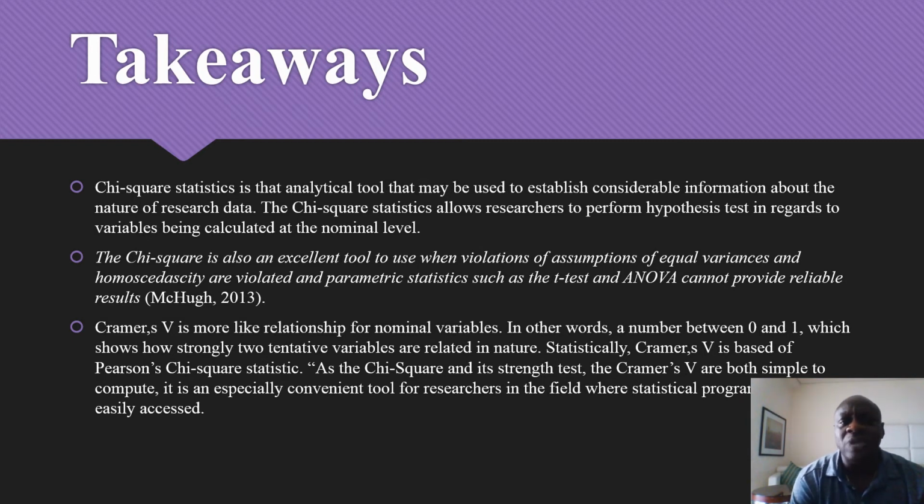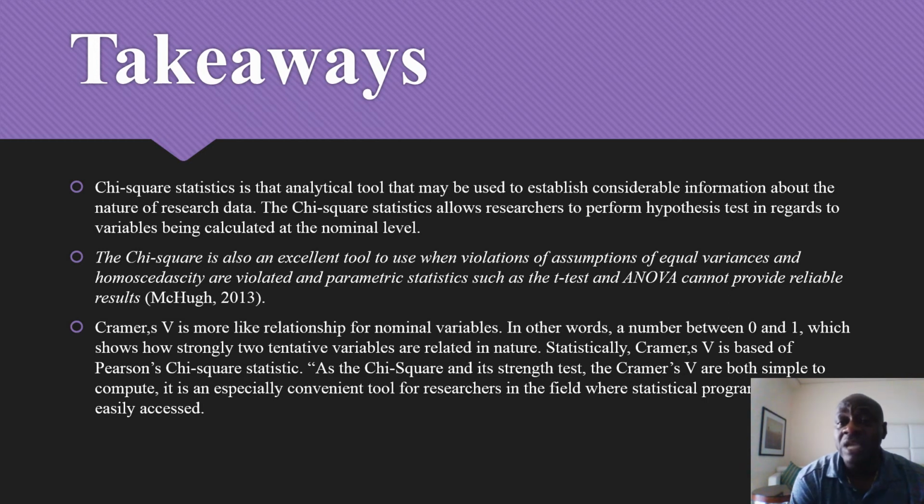The chi-square is also an excellent tool to use when assumptions of equal variances and homoscedasticity are violated, and parametric statistics such as the t-test and ANOVA cannot provide reliable results. Cramer's V is a measure of relationship for nominal variables.